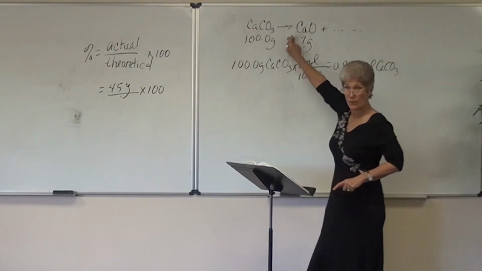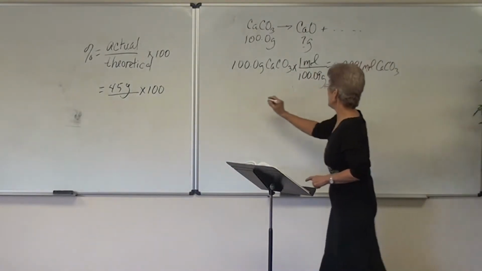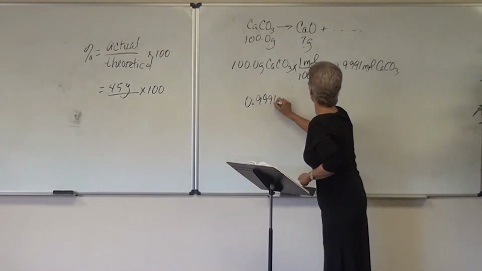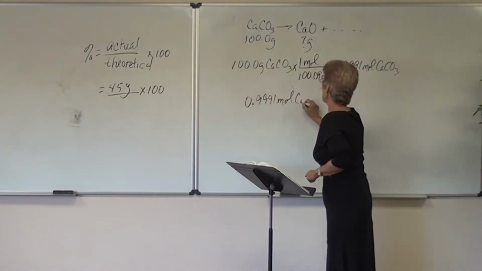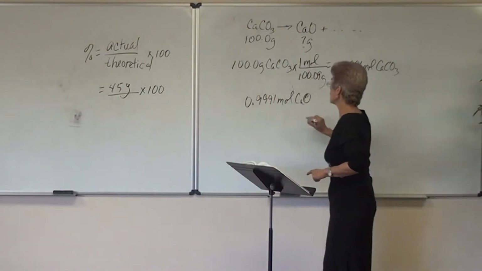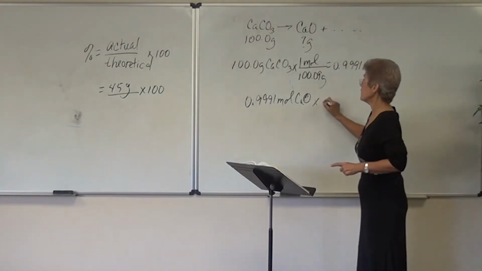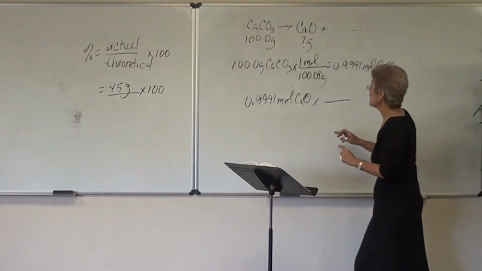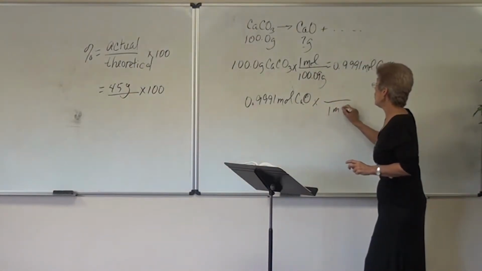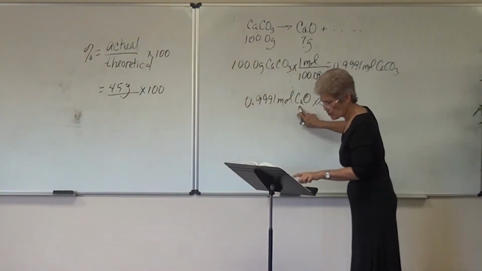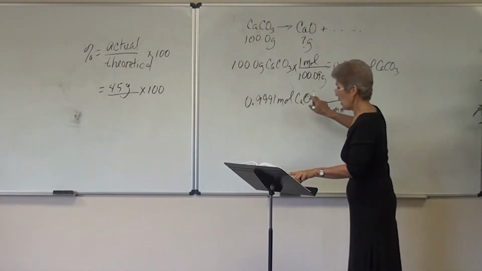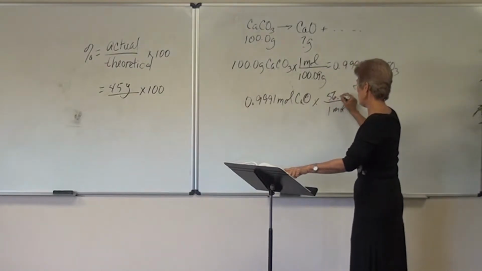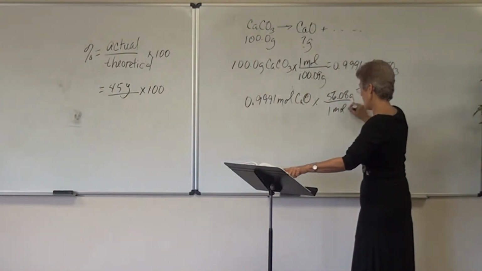Do you see it here? So we know that we have 0.9991 moles of CaO. There it is. Now we need to know how many grams that is, because we're trying to fill this in. Here, Andrew, you see it? Okay. So we know with 1 mole of this, we're going to add up calcium, which is around 40, and oxygen, which is around 16, and that's going to give us 56.08 grams.